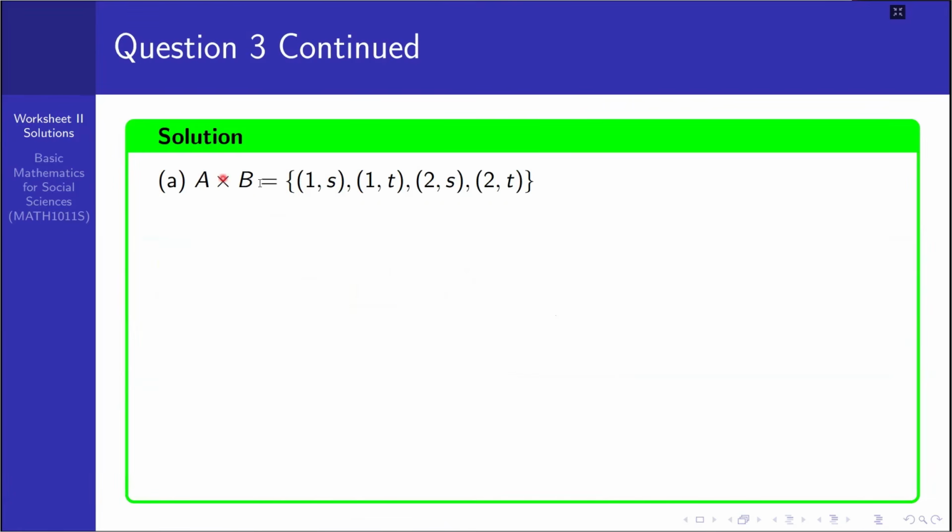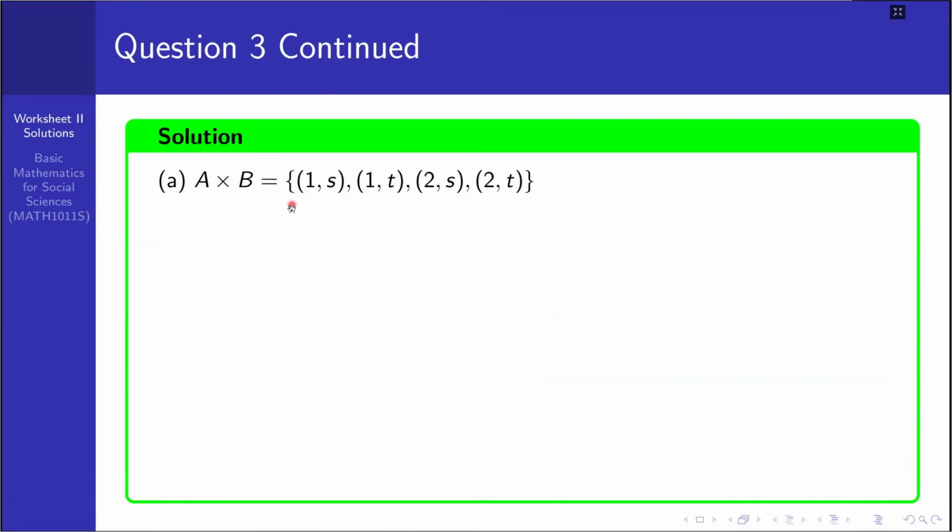We know that the cross product of any two sets, A cross B, is the set containing ordered pairs in the form (a, b), where the first entry is selected from the elements of the first set and the second entry must be selected from the elements of the second set, that is set B in this case.